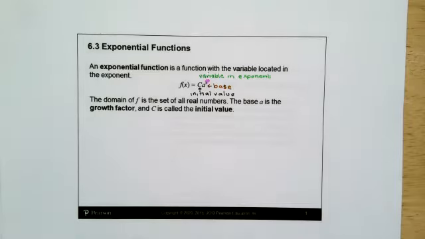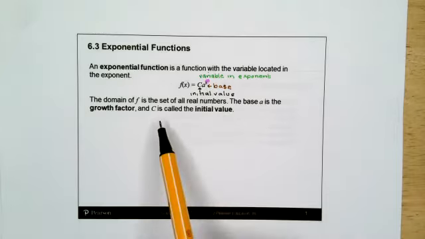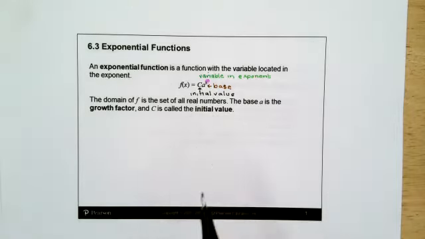So the domain of this function is all real numbers. This is the growth factor, and C is the initial value that's being multiplied by that growth factor. Okay. Why would we need to work with these equations?